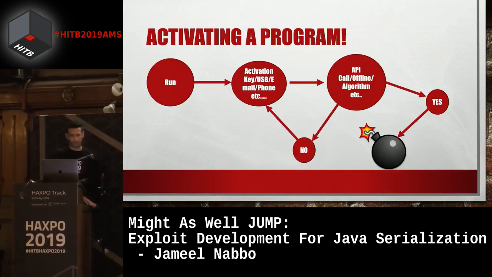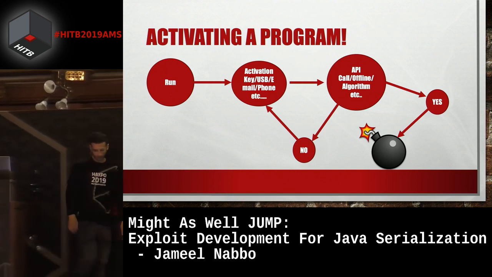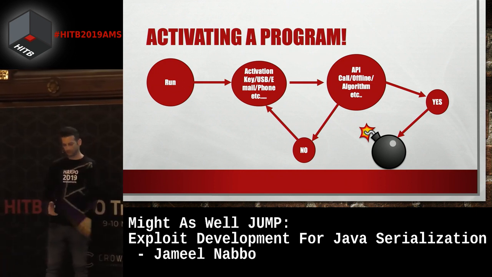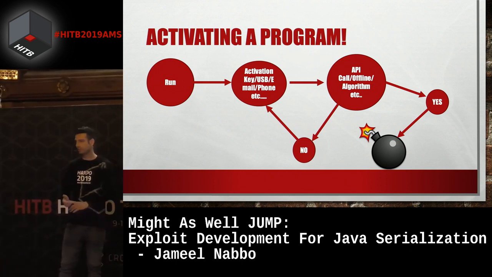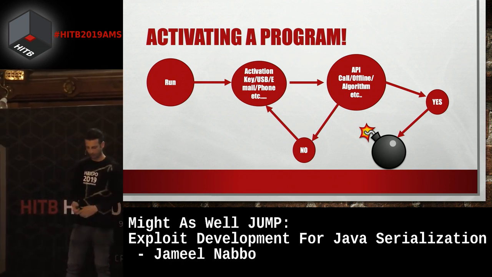It's about activating a program or a software. So the application, of course, should run, and then after running, whatever the complexity, it's gonna depend on an activation key, mobile phone, downloading a dependency, or a USB or whatever.